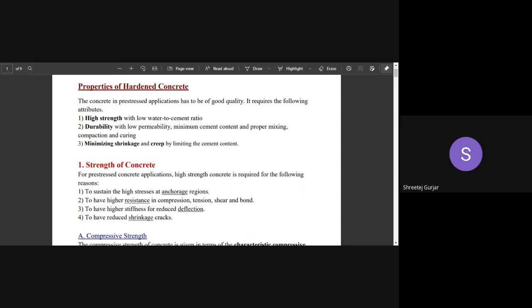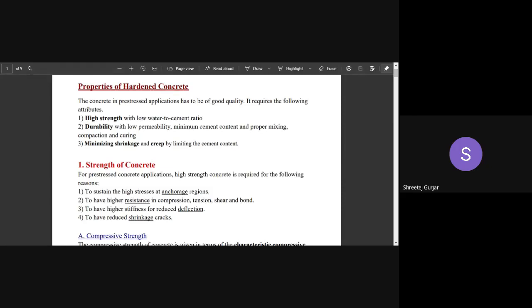You can see cracks, you can see moisture ingress in your concrete. After all these things occur, we need to repair and rehabilitate your structure, and that repair and rehabilitation costs you a lot. So to avoid all those things, we need to make our structure more durable. So that is one important property of our concrete.